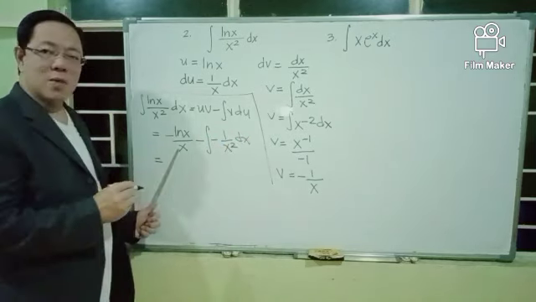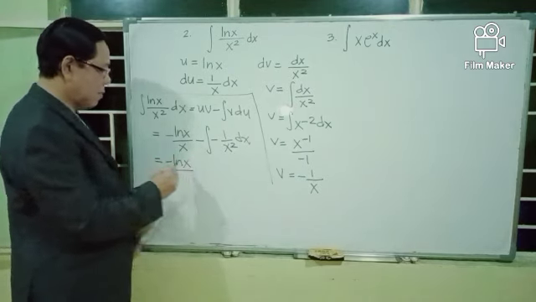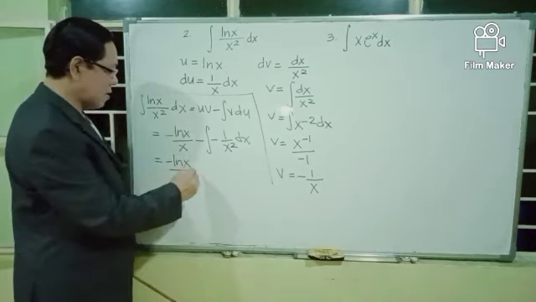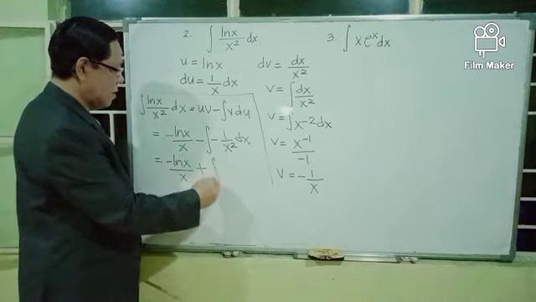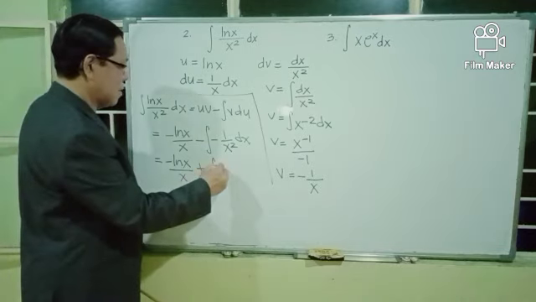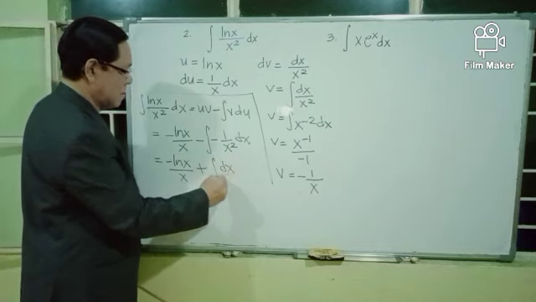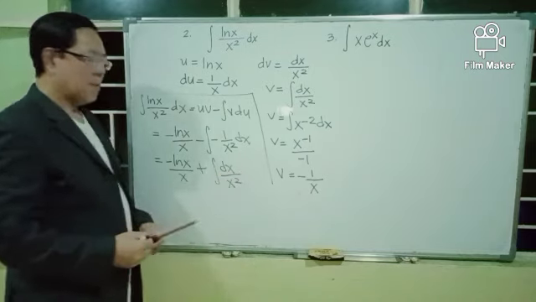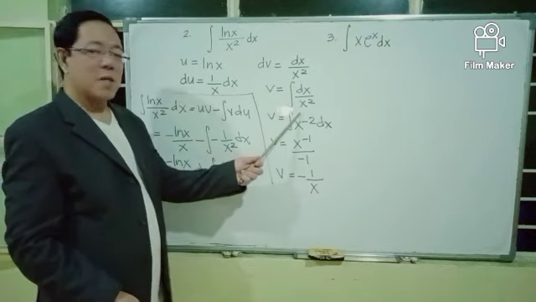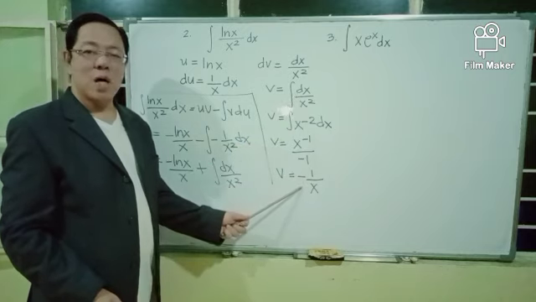We have negative ln x divided by x. Negative and negative is positive, the integral of 1 over x squared dx, or dx over x squared. But we have already found the integral of dx over x squared. The integral of dx over x squared is negative 1 over x.